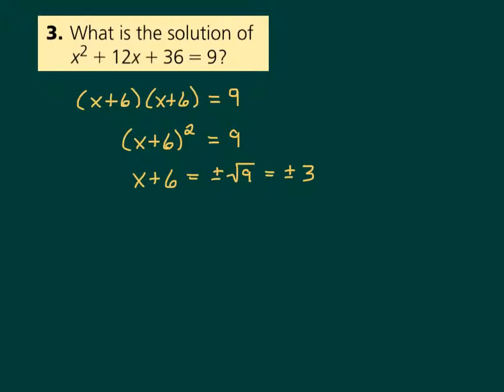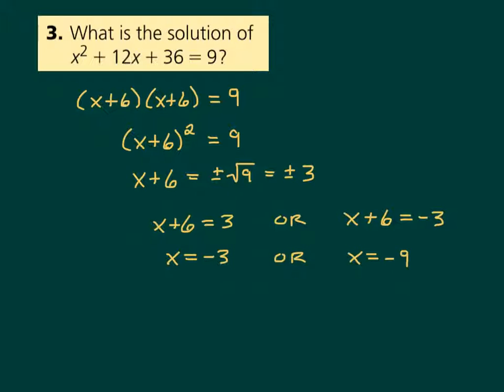In this case, we have to realize that means x plus 6 could equal 3, or x plus 6 could equal negative 3, and the best way to finish the problem is to just write those two separate equations. x plus 6 could equal 3, or x plus 6 could equal negative 3. Solve each of those, subtract 6 from each side, we get x is negative 3, or x is negative 9.